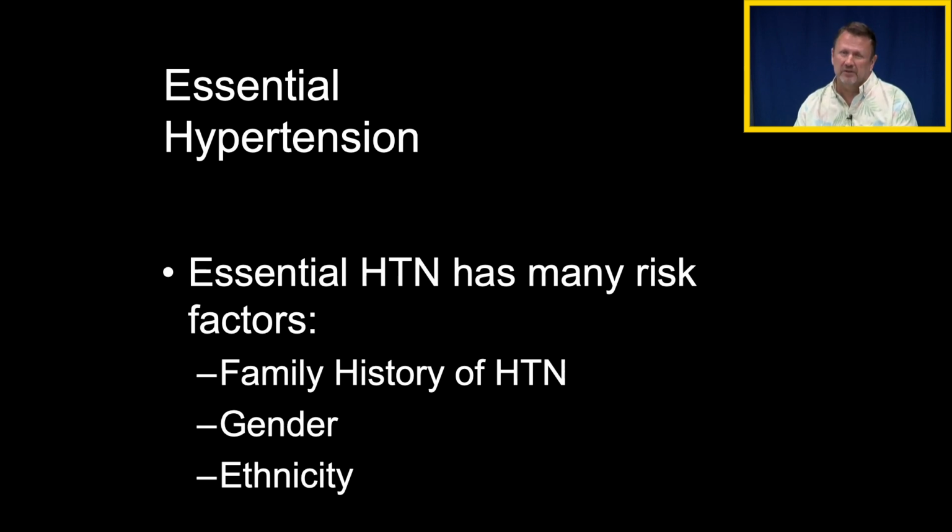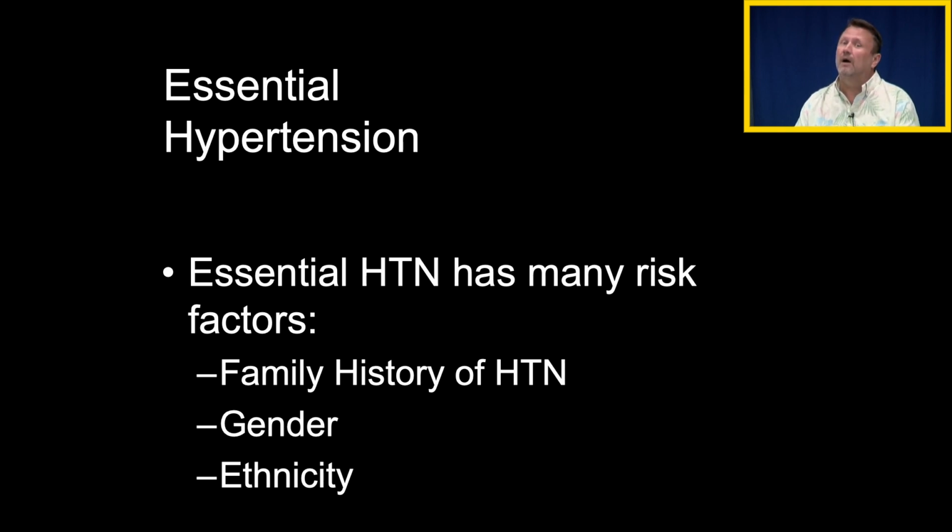People who have a family history of high blood pressure are at higher risk for having high blood pressure. Males are at higher risk for developing high blood pressure, hypertension, than women. African Americans have the highest risk for essential hypertension, then people of brown skin. Caucasians have the least risk of the three for hypertension.